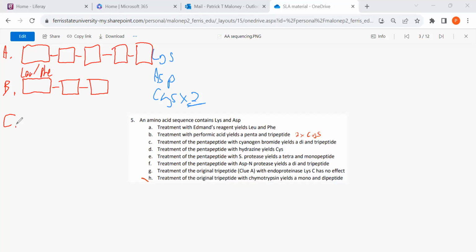Okay. Treatment of the pentapeptide with cyanogen bromide yields a di and a tripeptide. So cyanogen bromide, this should jump out to you as the C-terminal cleaver for methionine. Now, splitting a 5-peptide chain into a di and a tri gives us 2 spots it can be split.